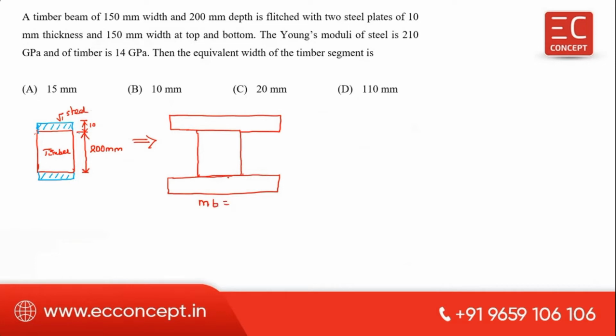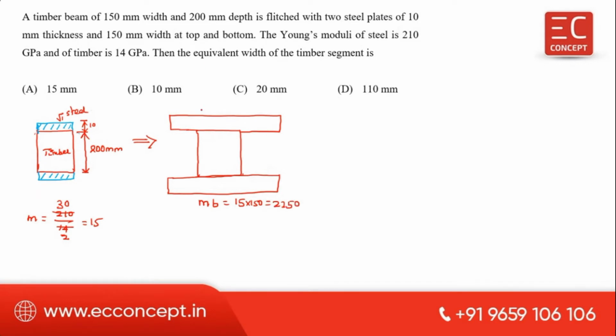How much is m? We can calculate it as always by taking the ratio of higher Young's modulus to lower Young's modulus, always: 210 divided by 14, which is equal to 15. Therefore 15 into 150 is equal to 2250.